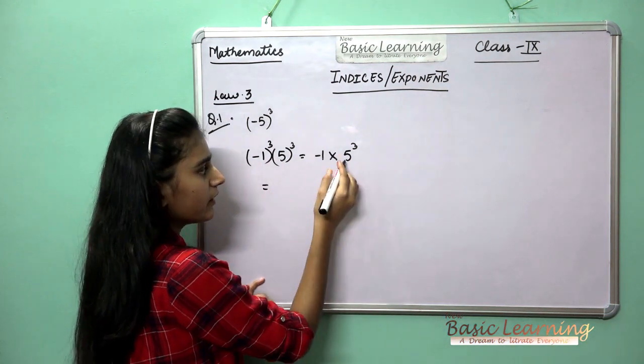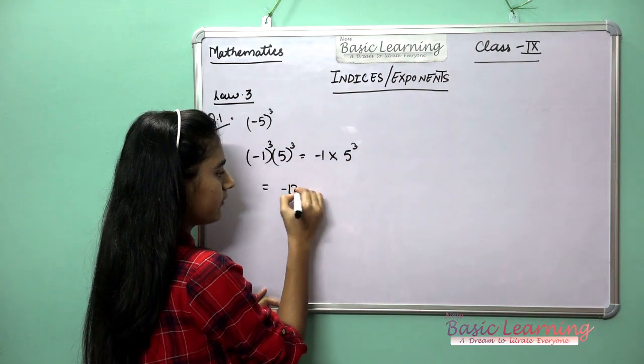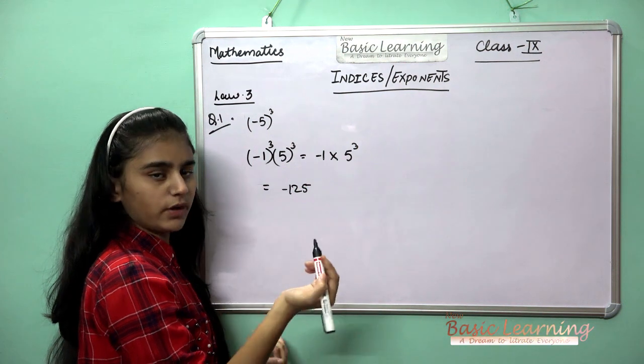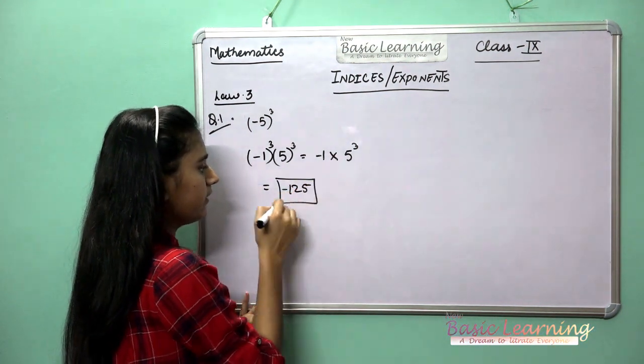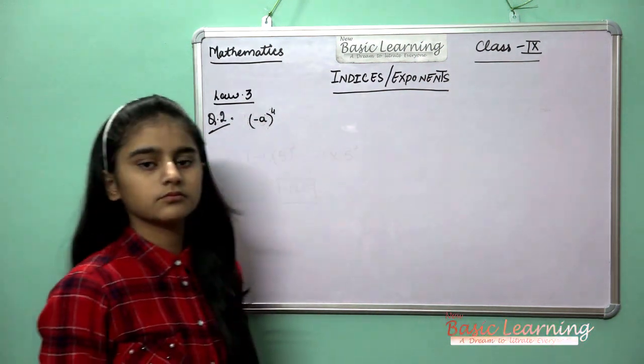Then 5 cube is 125. Minus 1 into 125 is minus 125. This is the answer.